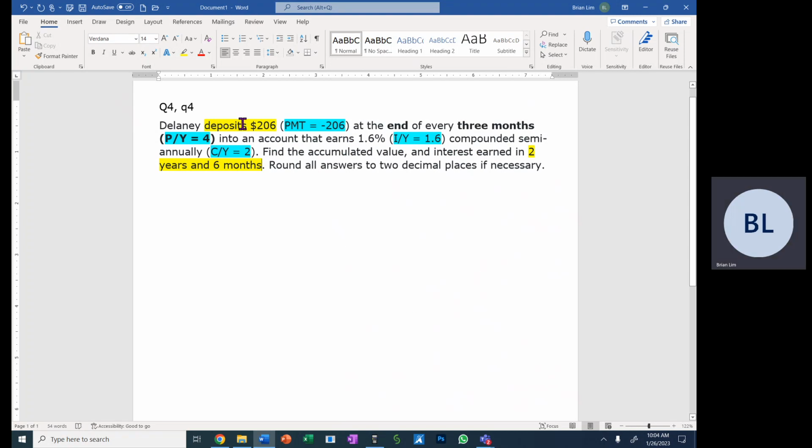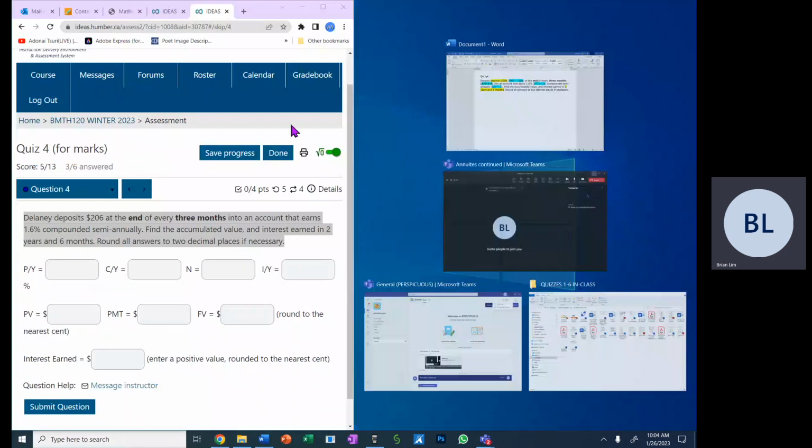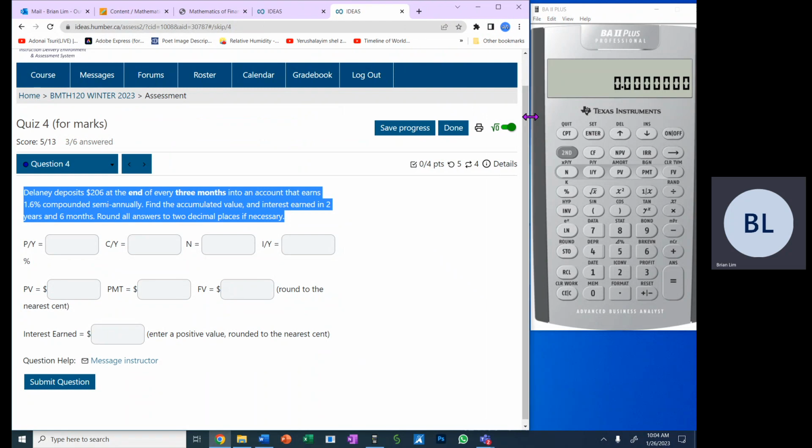So this was mainly to give you some information about what is PY, what is CY, how to get to N, and these kinds of information, how to analyze what we're given. Okay, so let's go back here to the question, and we will see how we can do it on the calculator, right?